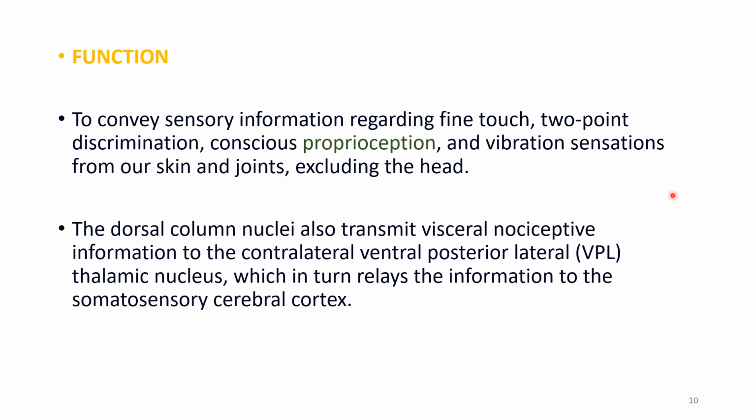And the dorsal column nuclei also transmit visceral nociceptive information to the contralateral ventroposterolateral thalamic nucleus, which in turn relays the information to the somatosensory cerebral cortex. So these are the two functions.